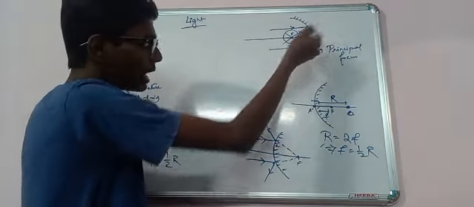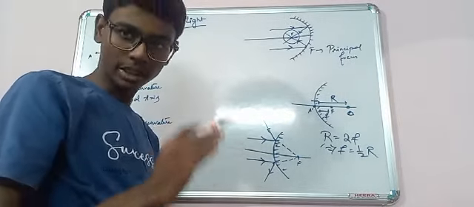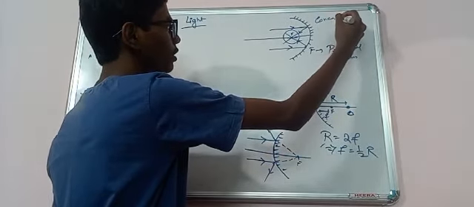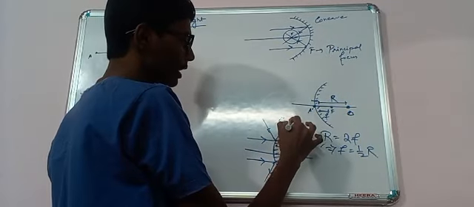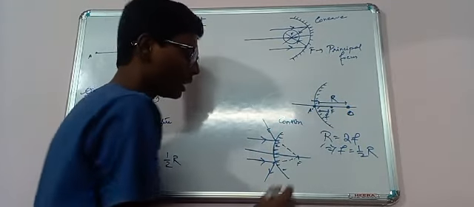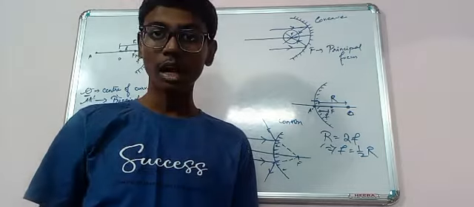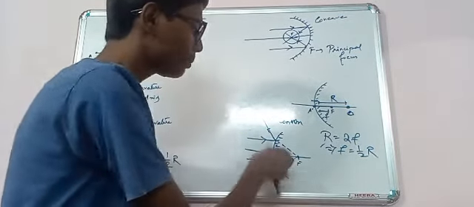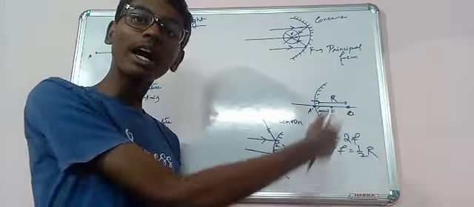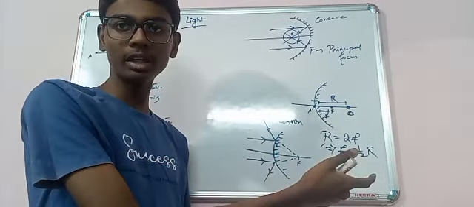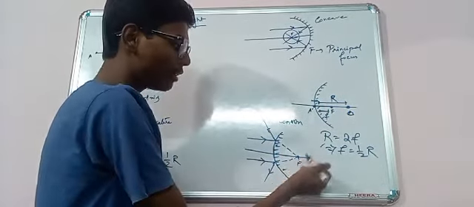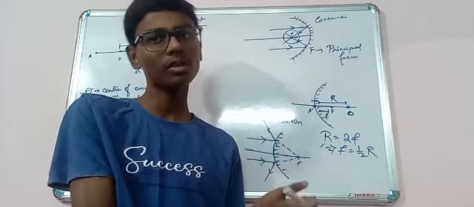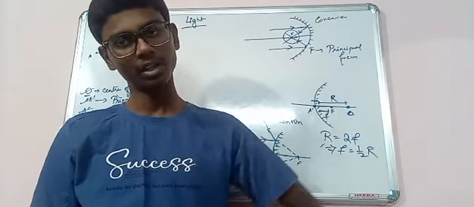Like here actually light rays were meeting in case of concave. But in case of convex, light rays are not actually meeting. Rather, they are getting diverged. But the observer will feel like the light rays are meeting somewhere behind the mirror. Somewhere behind the mirror, virtual. And it will appear that it is coming from a particular point, which in case of convex, obviously will be called the focus. Okay.